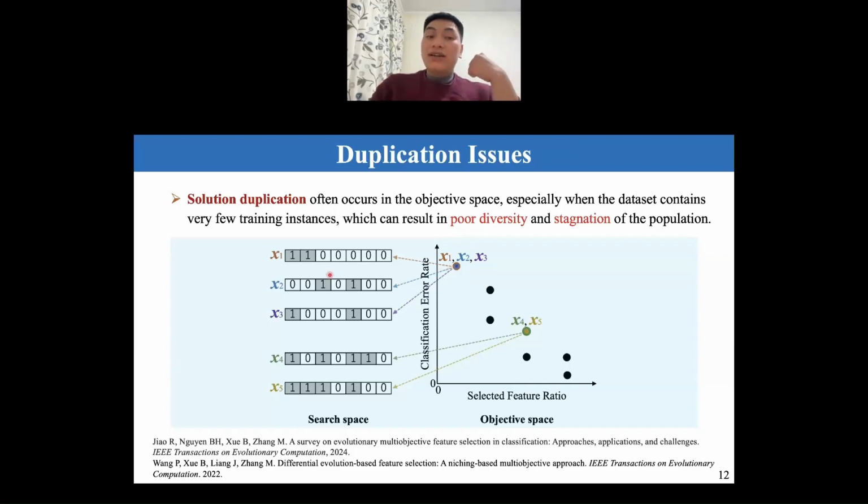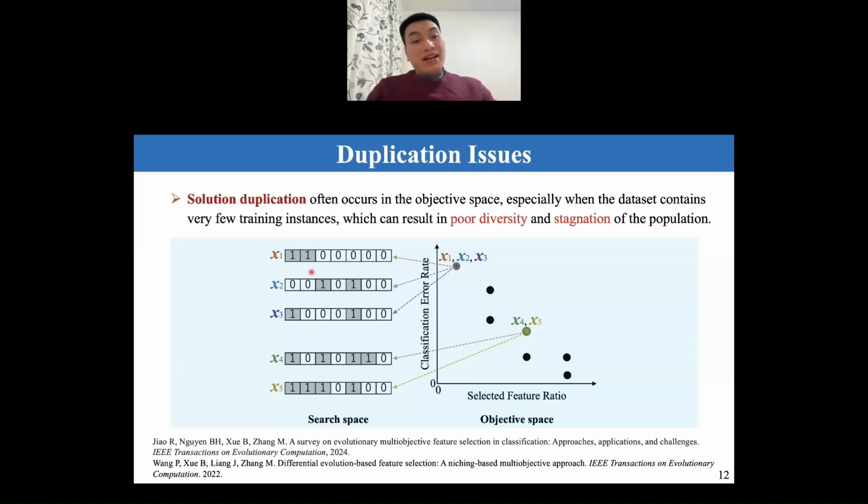However, if we look into which features are selected, we see that they select quite different features. S1 selects the first two features, S2 selects the third and the fifth features, and S3 selects the first and the fifth features. Apparently, the fifth feature here and the second feature here provide the same information about the learning task, or the combination of the third and the fifth could be the same as the combination of the first and the second, right?